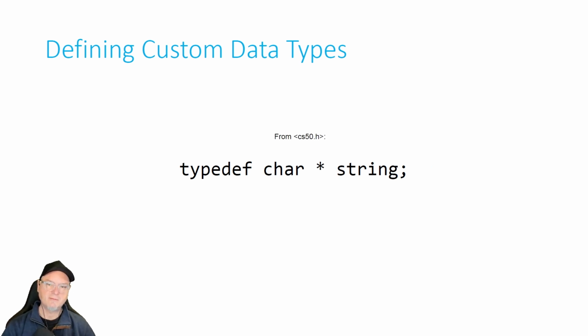Now, in cs50.h, which you've been using for a few weeks here, we use this. This is actually a real line of code that's found in that header file, where for convenience, we use typedef to define the char star type and rename it to string, so you could access the variable string directly.